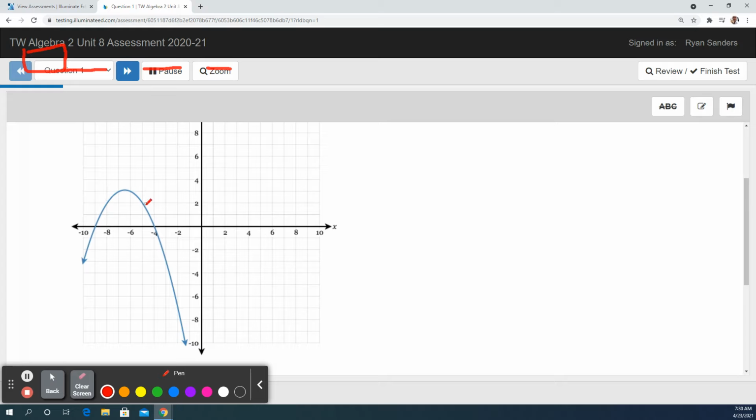Quadratic meaning x squared is the biggest exponent or the degree on x. So it's going to be something like y equals ax squared plus bx plus c.